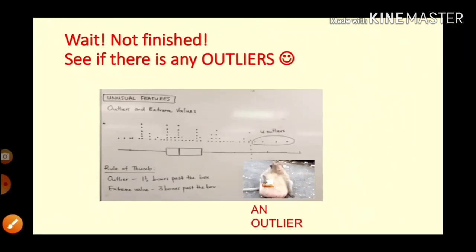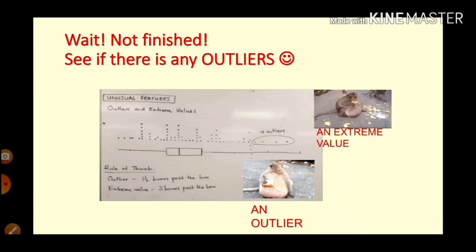Over here, this fat monkey is an outlier because the weight is larger than all the others. For extreme values, the monkey has to be fatter. Look at this, this monkey is an extreme value.